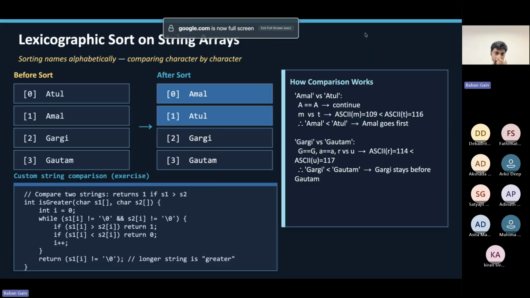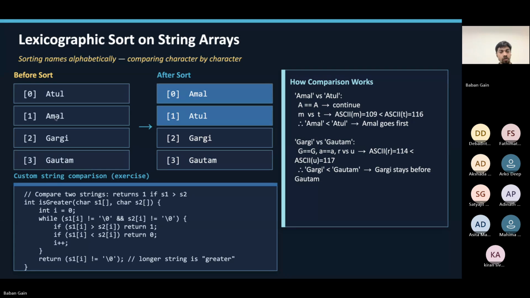Let me go to the next part: I want to do sorting on the arrays. What is sorting on the arrays? Let's say for strings, for names. Suppose we have Atul, Amal, Gargi, Gautam, these 4 names. What does lexicographical sort mean?